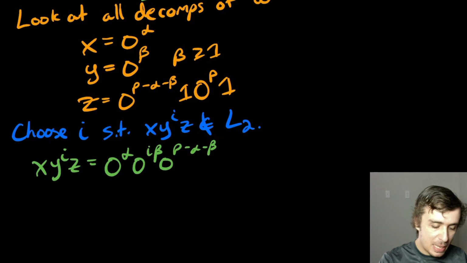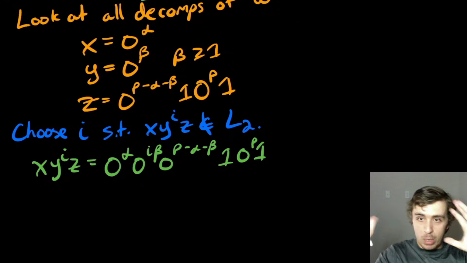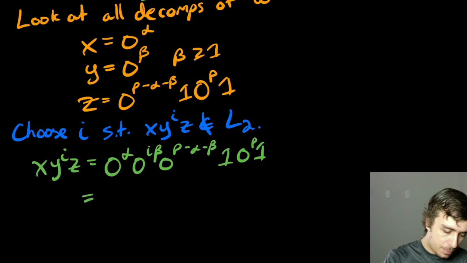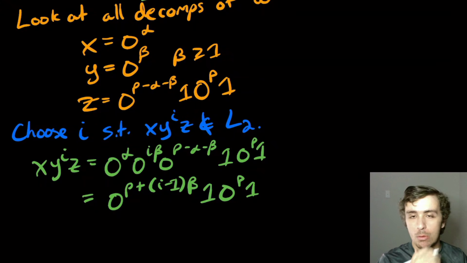It's just copying everything down, except for the y to the i piece, because we have i copies of it. We have a run of zeros, so let's compress them. We'll have 0 to the p plus i minus 1 times beta, a single one, and then 0 to the p 1.